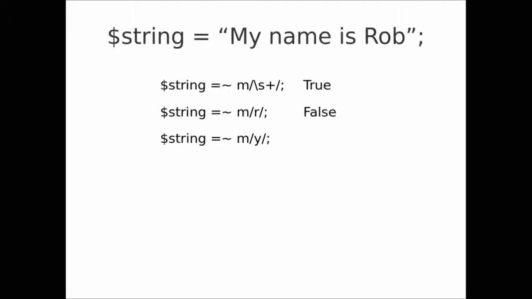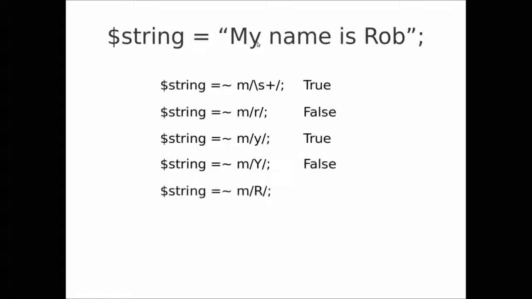Does this string contain a lowercase y? That's true. There's a lowercase y right after the M. Does it contain an uppercase Y? That's false. Does it contain a capital R? That's true. And does it contain a number, a numeric character? And that, of course, is false. There's no number in that string.